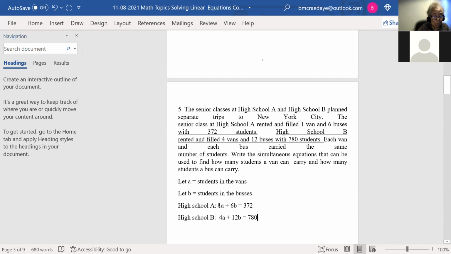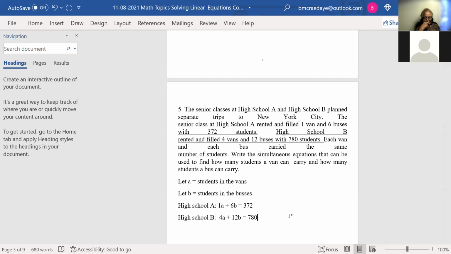So if you had one van and it was 30, that would be 30 students, one times 30. So it's the number of vans times the number of students in the van, plus the number of buses times the number of students in one bus, and that adds up to the total number of students. So those are your simultaneous equations.